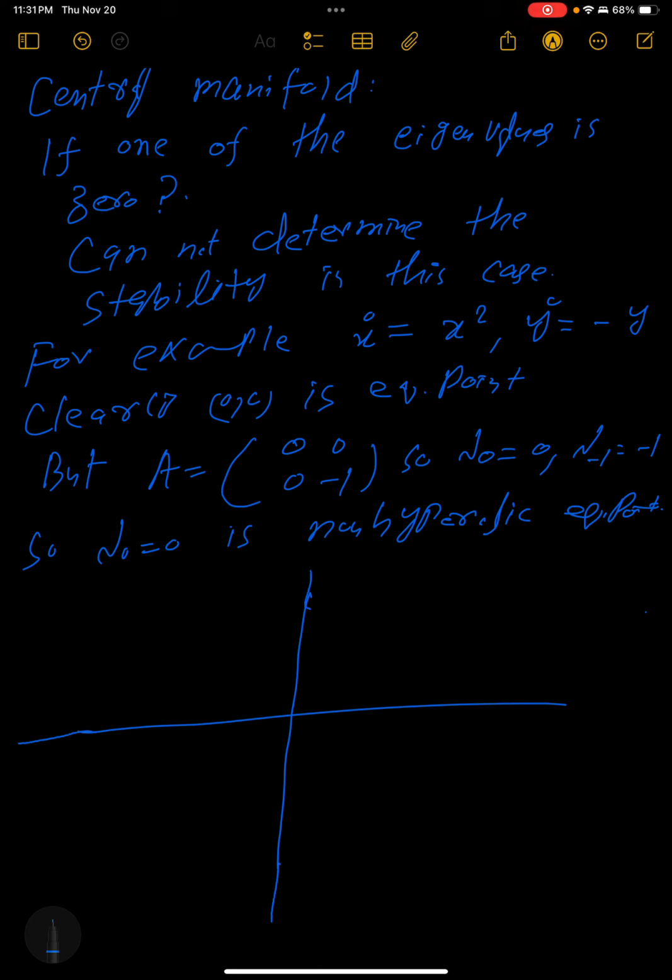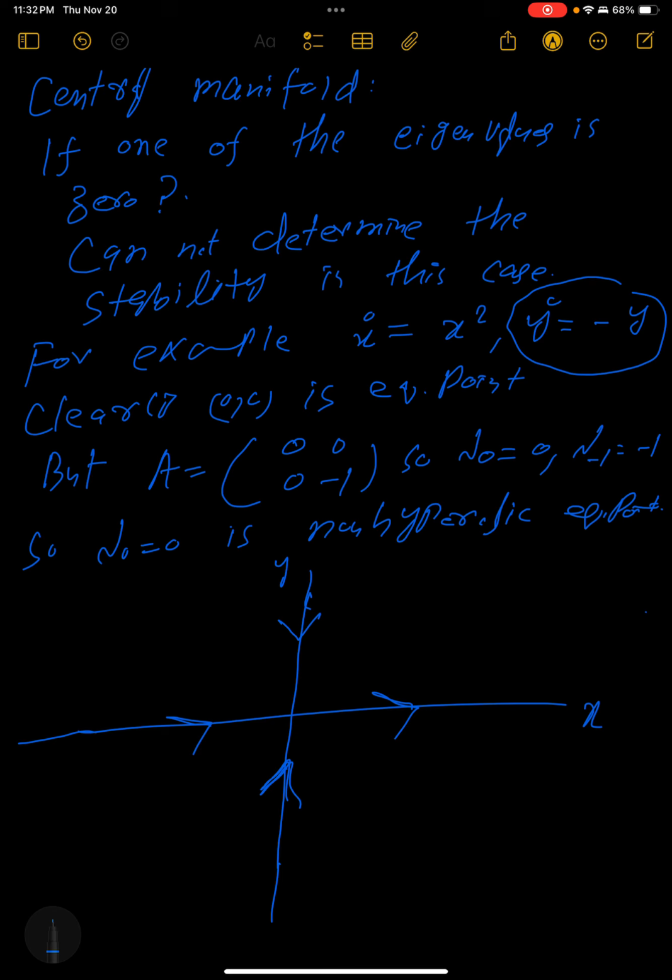Okay, so now on the x-axis, y is 0. This means that if my x is positive, my x dot is increasing, and also my y. If I see the equation y dot is actually minus y, if my y is positive, my y dot is decreasing, and if my y is negative, my y dot is increasing.